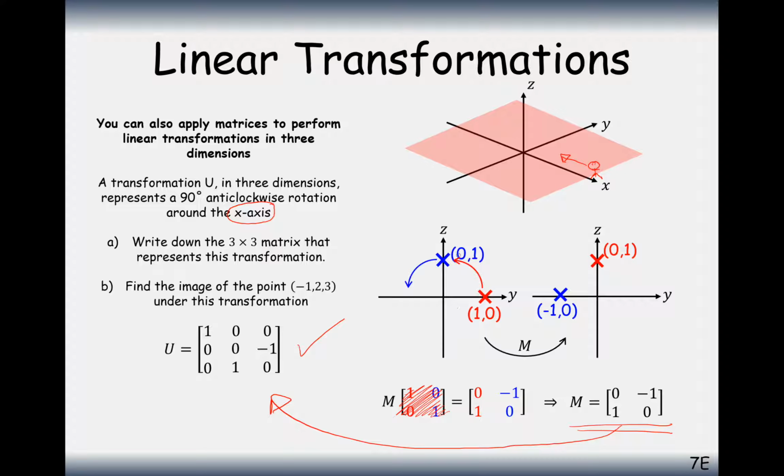Do your rotation with your base coordinates. Always pick 1, 0 and 0, 1. And then think about, well, these image coordinates are actually the final matrix that has performed that transformation. And then just bung that final matrix into the remaining 4 cells that you'll have left in your matrix. So this is our final answer.